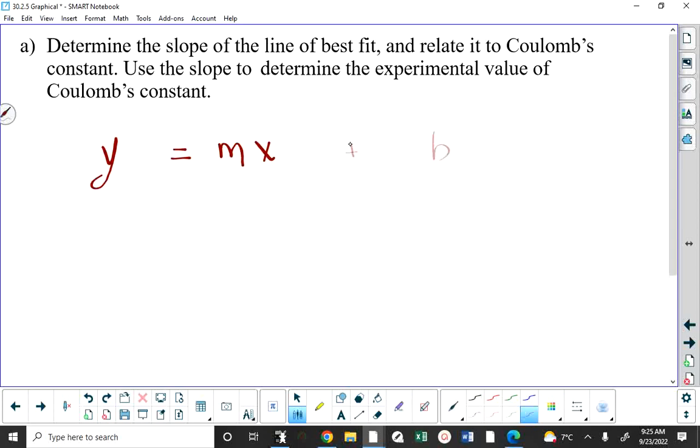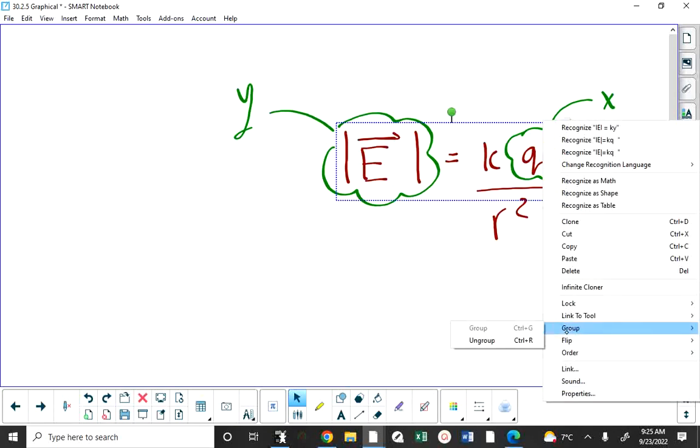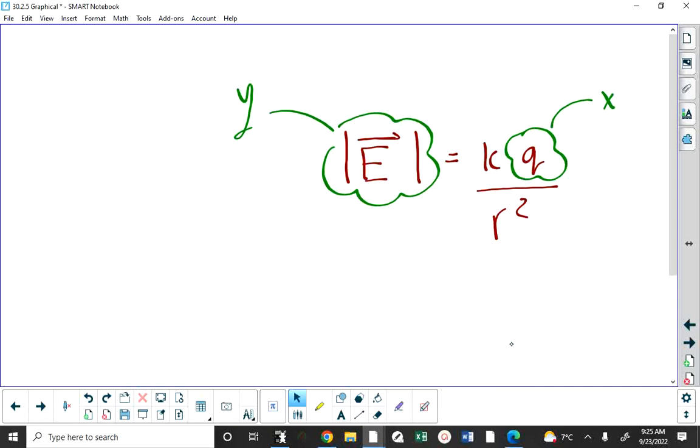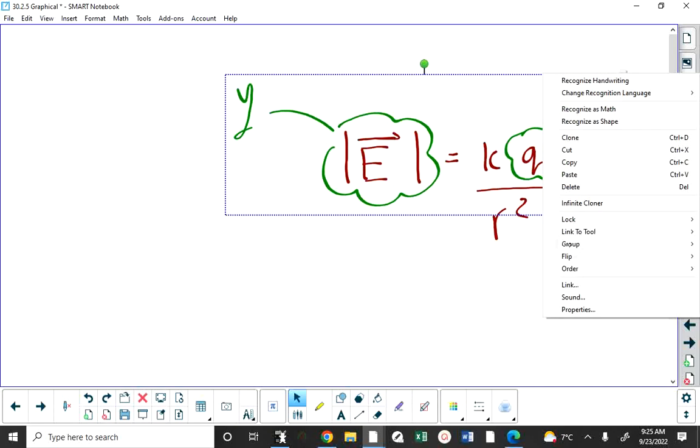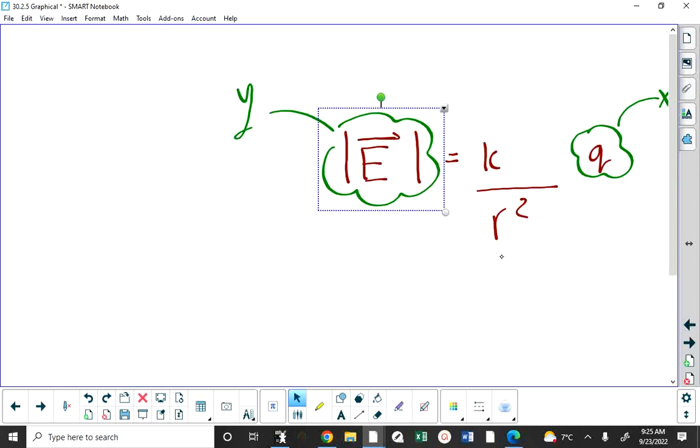And this formula that I have written right here, if I nudge that q over here, then I have y equals constant times x.